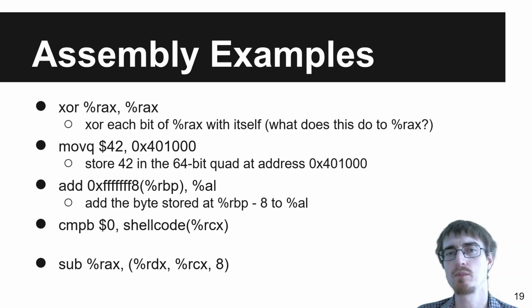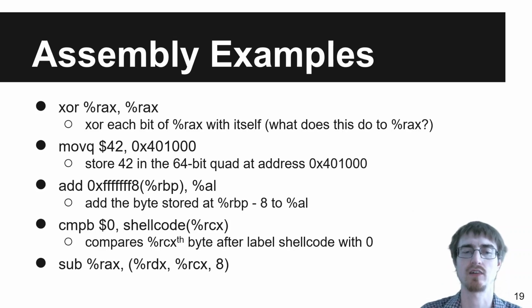Well, then we're comparing this as a byte because of the suffix to 0. So we're simply checking whether the byte number REX is actually 0. Well, we can have a conditional jump later on checking the outcome of this, but we'll still discuss this later.